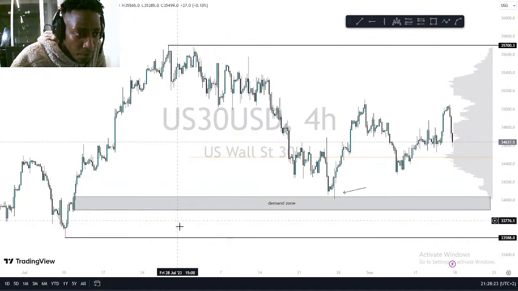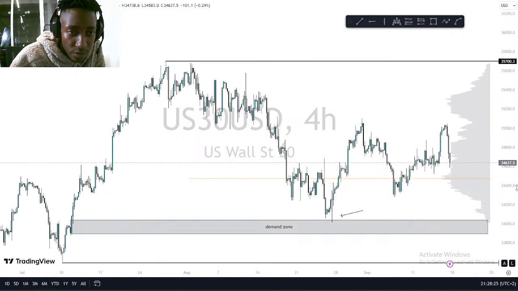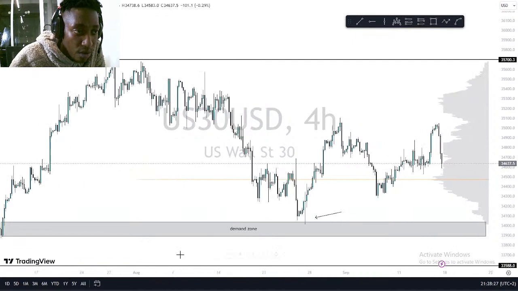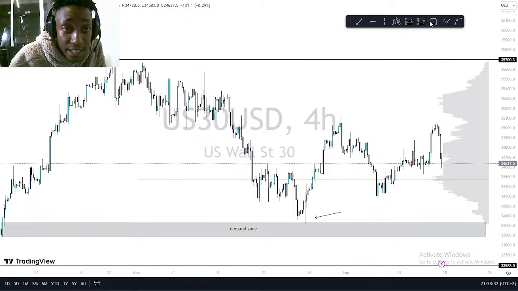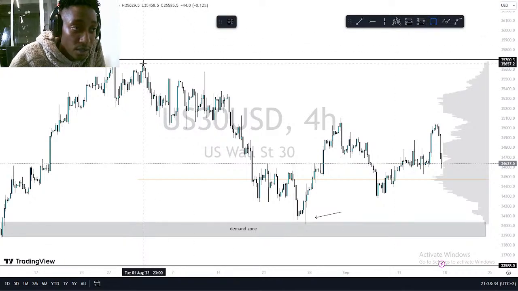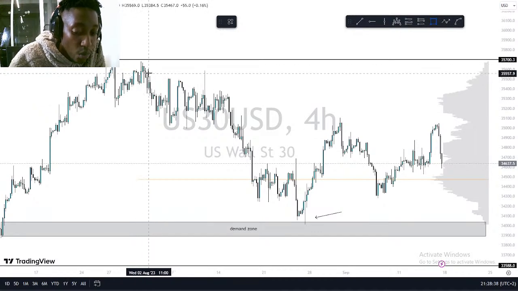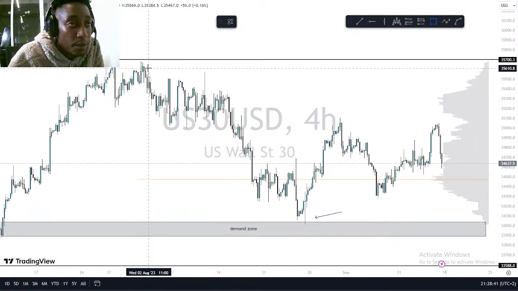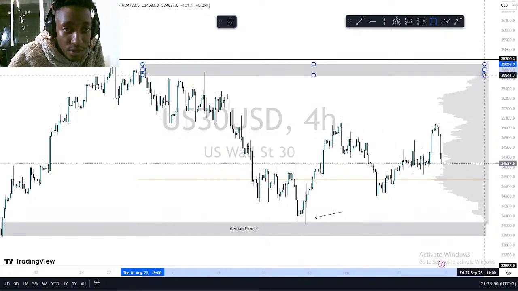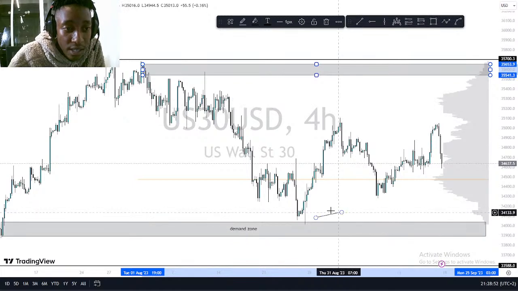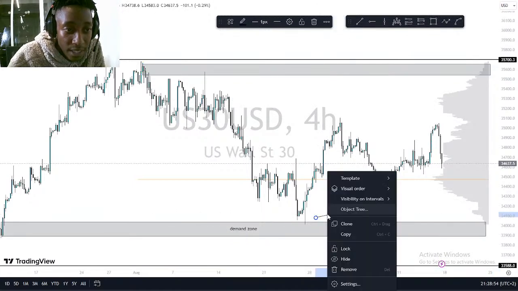After spotting our demand zone, we have to go up and look for our supply zone, where the market reacted and then started pushing to the downside. Exactly here, we have the last bullish candlestick before the push to the downside. We mark that candlestick as our supply zone, and as you can see, that candlestick has been mitigated.